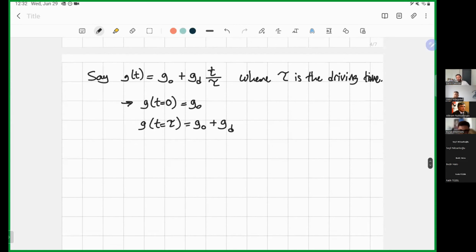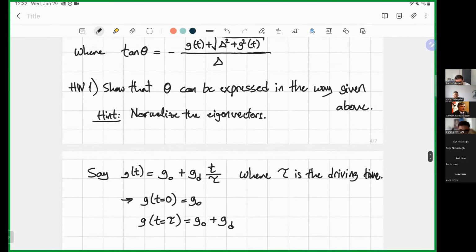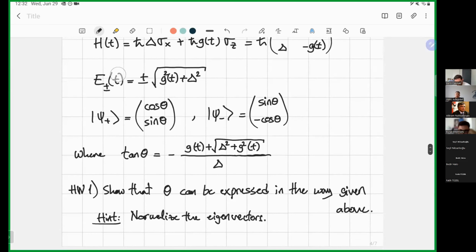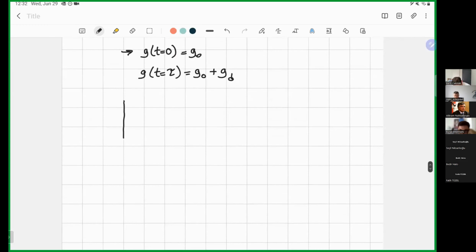So we are changing the energy eigenstates somehow, but they do not cross each other. Now, if you try to plot the energy eigenvalues, assuming that we have a linear ramp like this, what you are going to see is the following. We have the energies here, and I have t divided by τ on the x-axis.